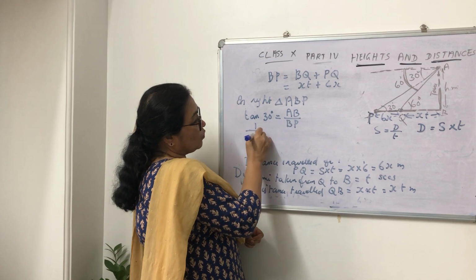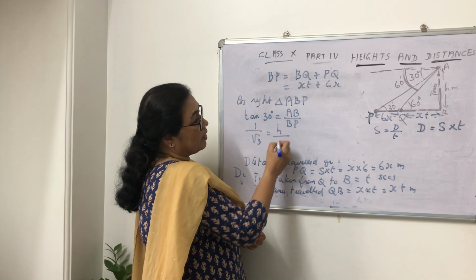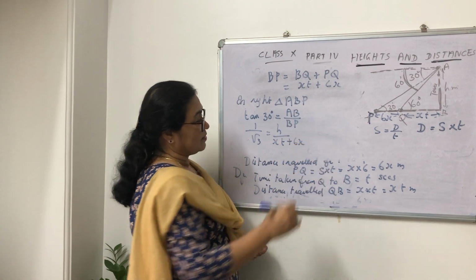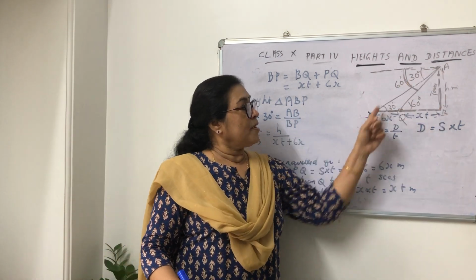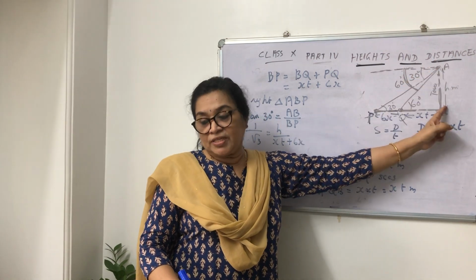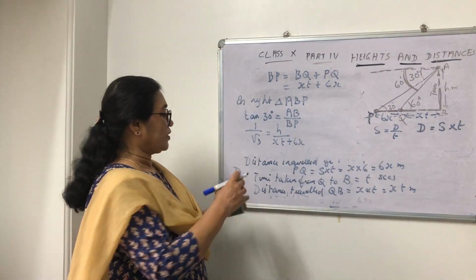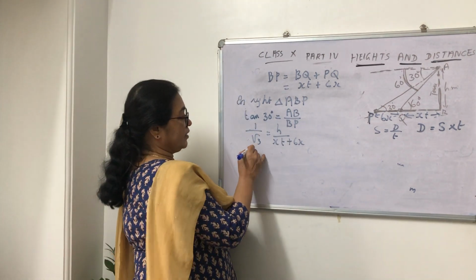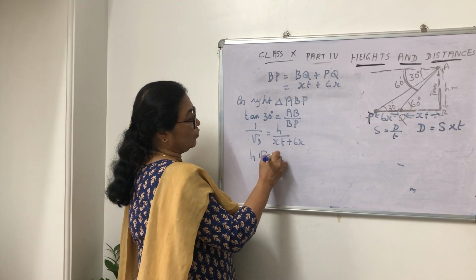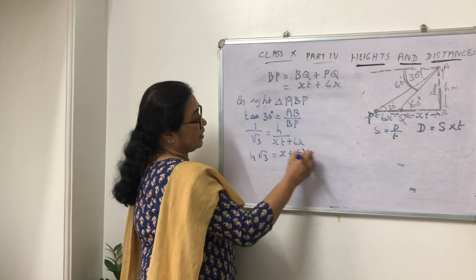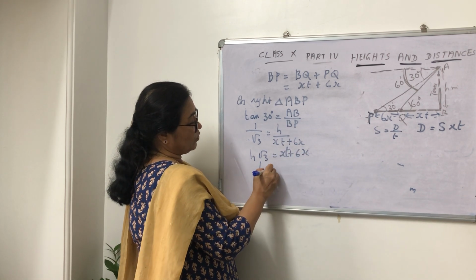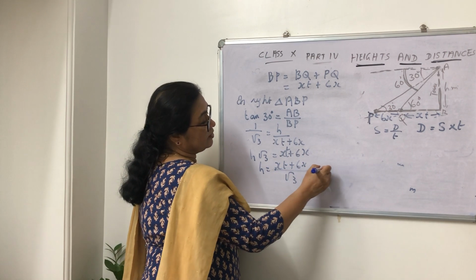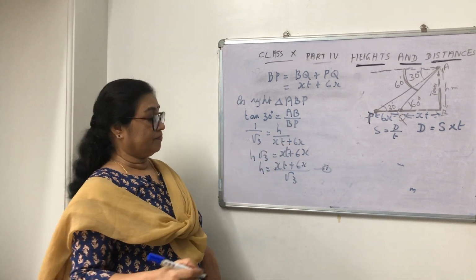So 1 by root 3 equals h by xt plus 6x. So h into root 3 is equal to xt plus 6x. So h is equal to xt plus 6x by root 3. This is the first equation.